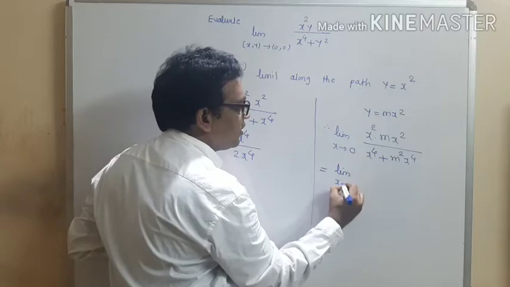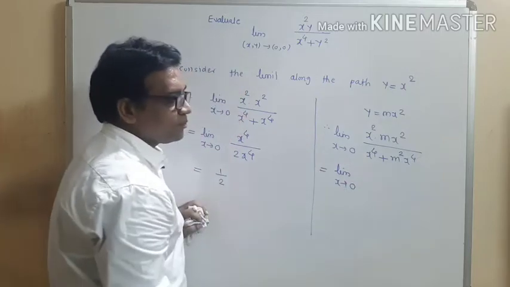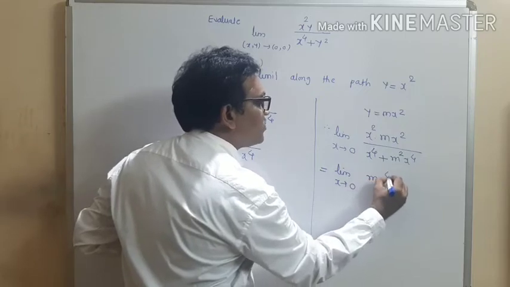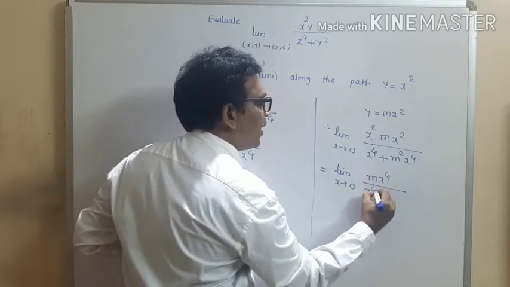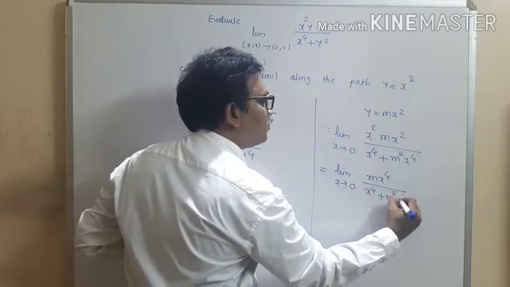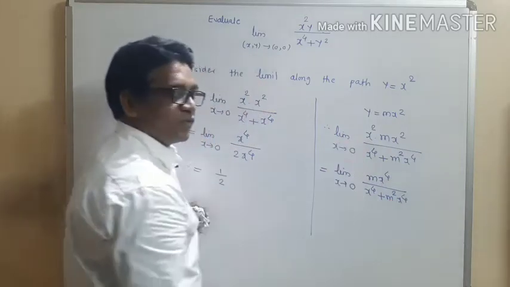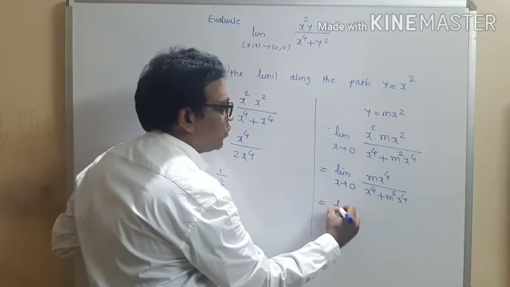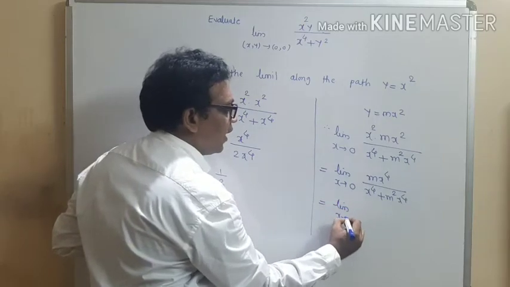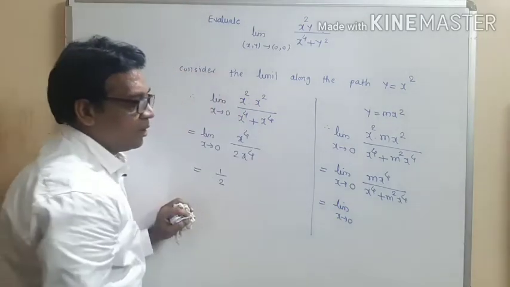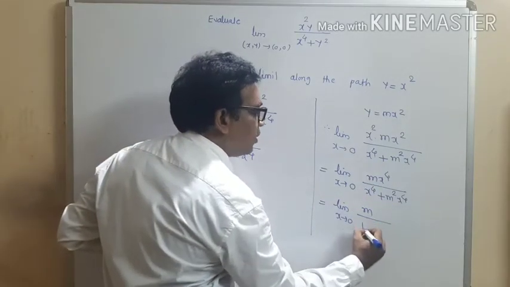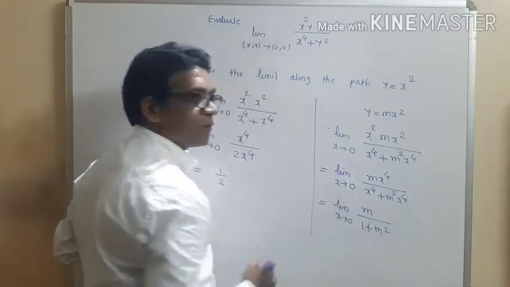Limit x tends to 0, x square into x square, so this is mx raised to 4 divided by x raised to 4 plus m square into x raised to 4. So cancel x raised to 4 throughout, this is m upon 1 plus m square.